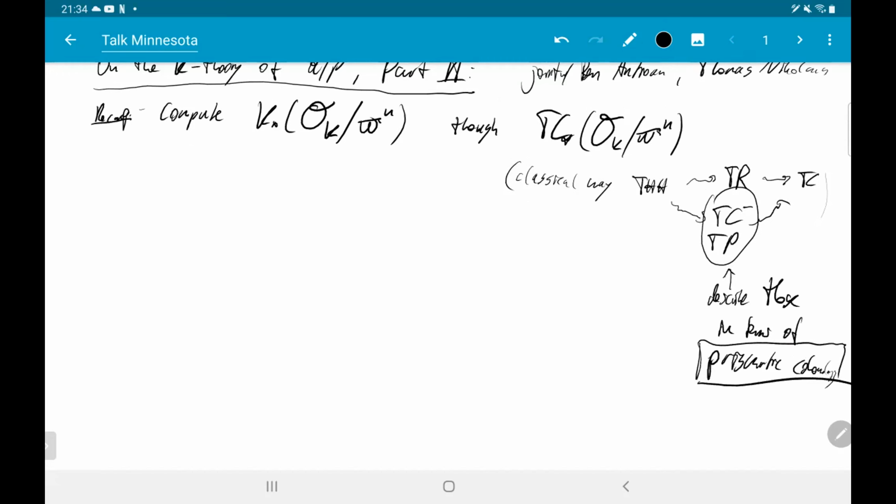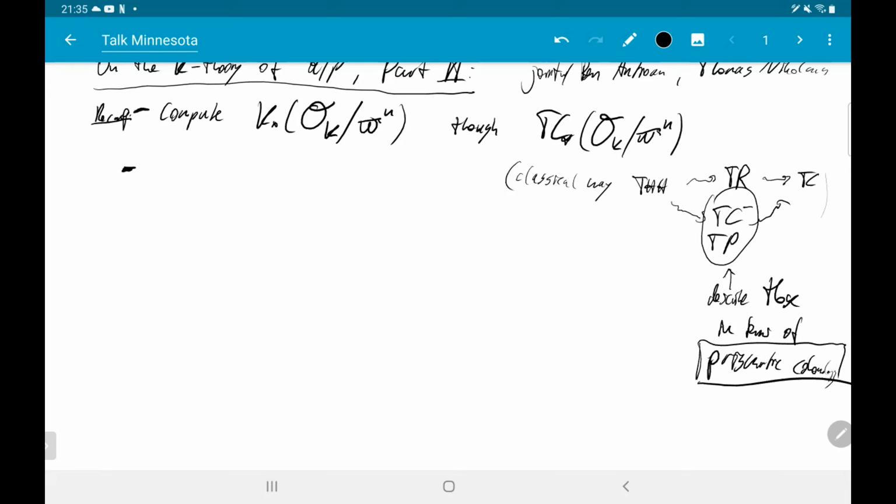In fact, once you've set up the relationship between TC and prismatic cohomology, you could say that the rest of the things we're doing is actually more algebra than proper homotopy theory. So what's the relationship that I'm talking about? Well, this goes back to work of Bhatt, Morrow, and Scholze.